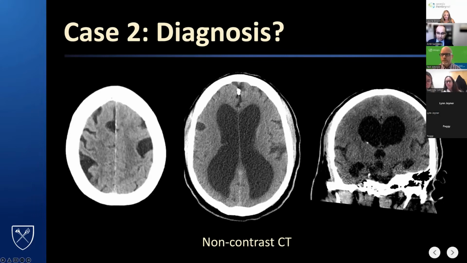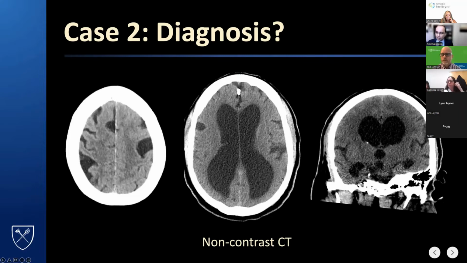Usually the walls are parallel, and the temporal horn is markedly enlarged here, in continuity with the rest of the lateral ventricle. And then one of the other tip-offs that we don't always see is this alternating pattern of enlarged sulci and compressed adjacent sulci, these so-called external reservoirs of CSF that are found sometimes in normal pressure hydrocephalus.